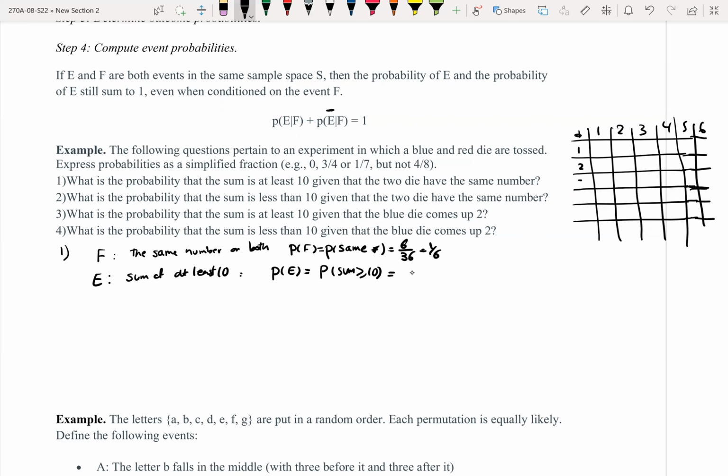You see this 6 and 6 is one case that gives you at least 10. The 5 and 6, and 6 and 5 give you at least 10. 5 and 5 gives you 10, and equality is included, right? Then you have 6 and 4, and also 4 and 6. So 1, 2, 3, 4, 5, 6 cases. Does it make sense? Do you agree?